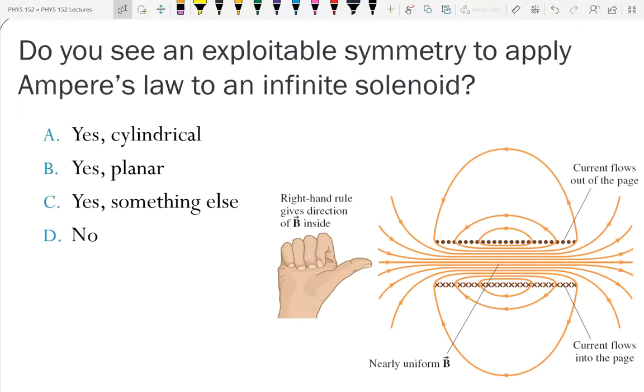So our next question, and it says, do you see? Some people just say, I don't see. Doesn't mean it's not there or is there. Do you see an exploitable symmetry to apply Ampere's law to an infinite solenoid? An infinite solenoid means one that extends forever horizontally in my picture here.